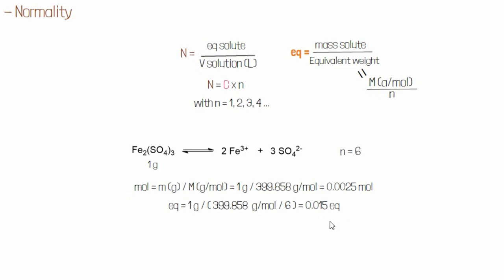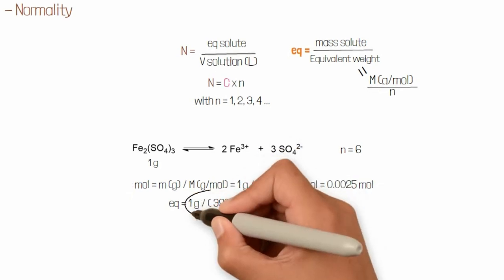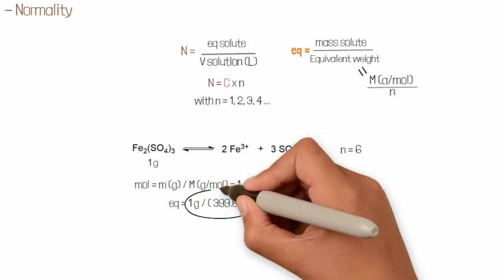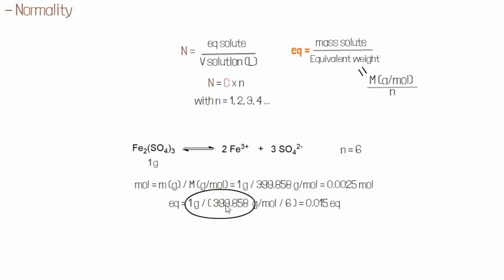So now we know the equivalents, and as you can see, 1 gram divided by 399.858 is the same as what we have here, and this is actually the mole we have already calculated. This means that there is a relationship between equivalent and mole, okay?